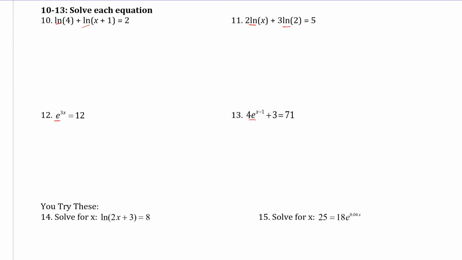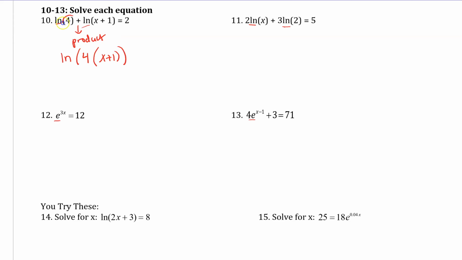So, like any other log equation, when you have equations like this where you have some pieces with logs and some without, what you want to do is combine all your log expressions into one. Condense into one using properties of logs. So I'm going to use the product property on this one and get ln of 4 times x plus 1.